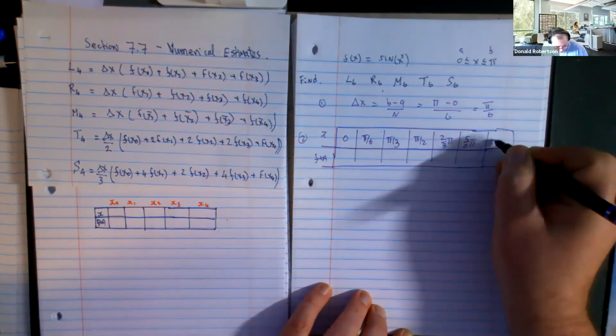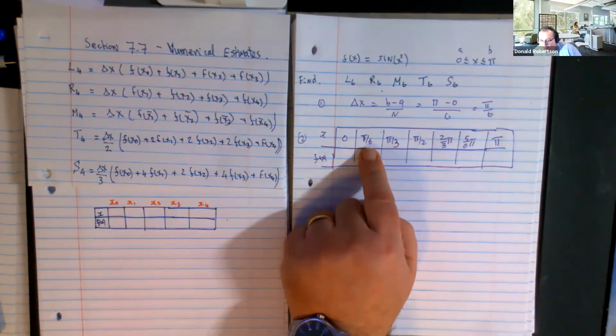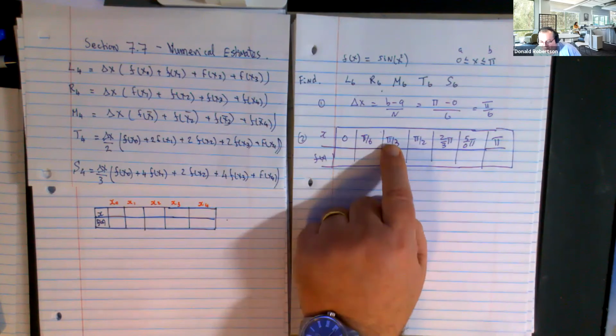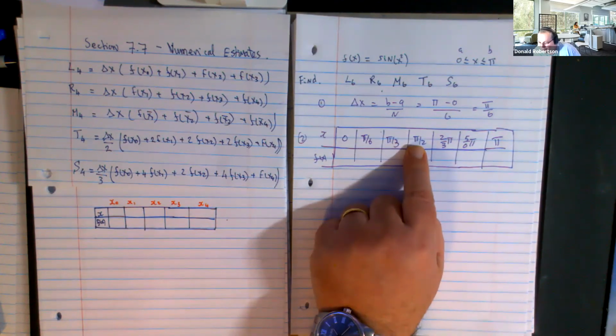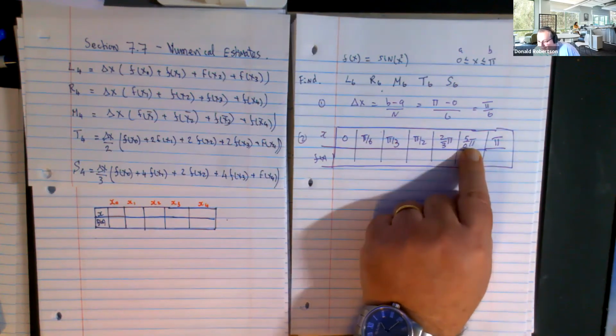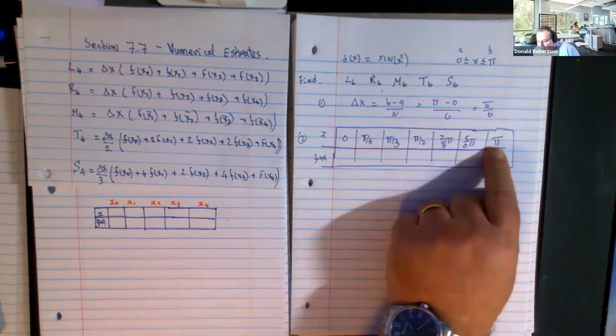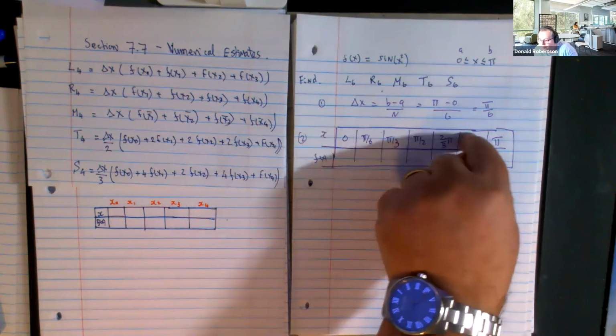If you're wondering why some of these fractions look funny, 1/6, 2/6 simplifies down to a third, 3/6 simplifies to a half, 4/6 becomes 2/3, 5/6 is 5/6, and 6/6 is 1, right? So I did start at 0 and add delta x all the way up.